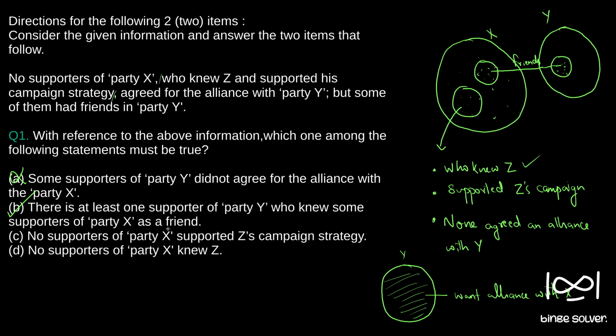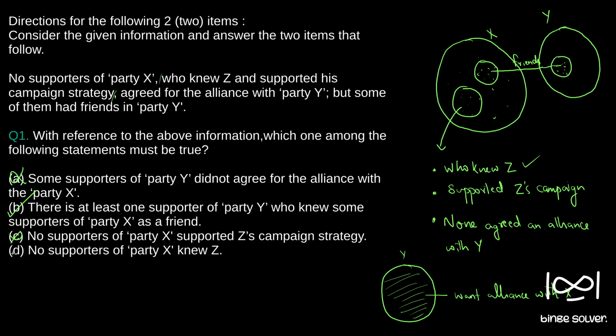Even if we don't assume that, we cannot say that no supporters of party X supported Z's campaign. There is no such information. So definitely C is wrong, but I am saying it one step ahead: the examiner wants us to assume there are supporters who knew Z. Anyway, we'll discuss that when we take up the second question.